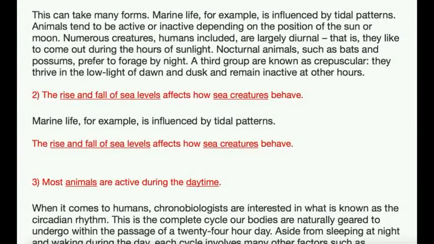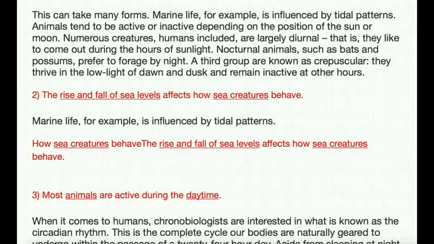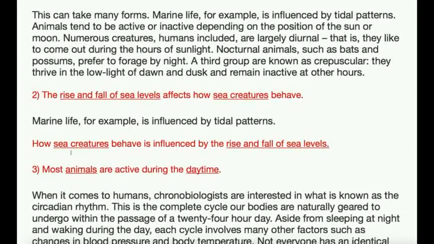So for example, if we take this one here, we could say, how sea creatures behave is... so we've just changed that information round.